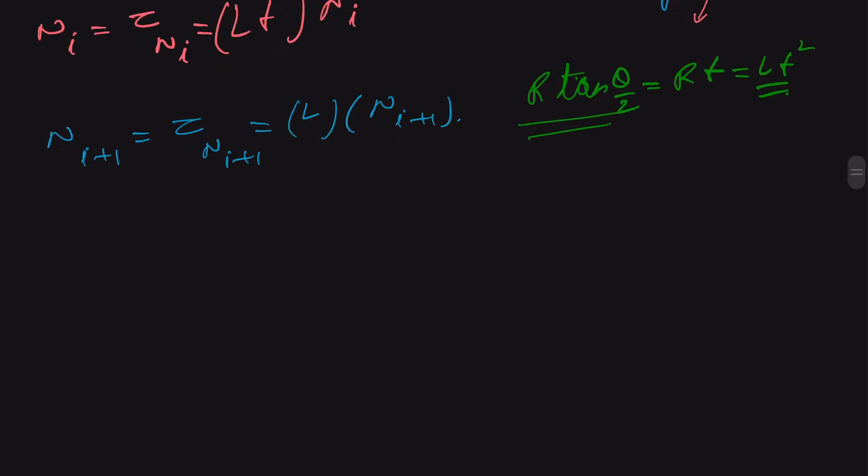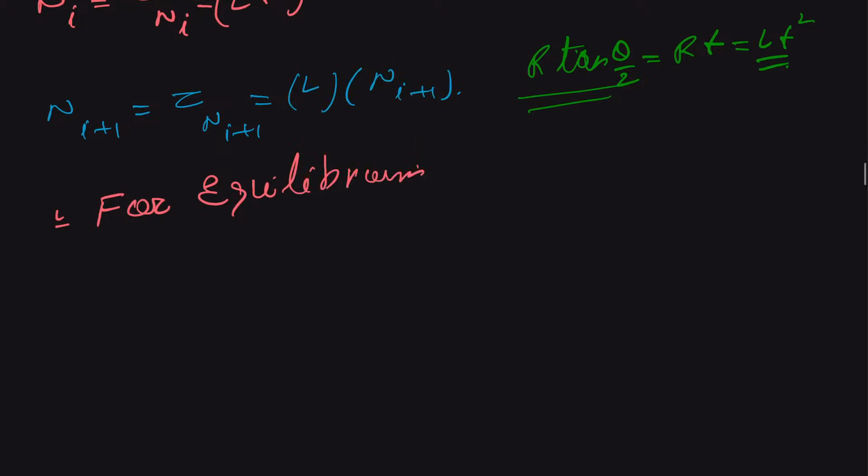Therefore, we can write for equilibrium, we can say that our torque because of our N i plus 1 will be torque because of our N i plus torque because of our mg.